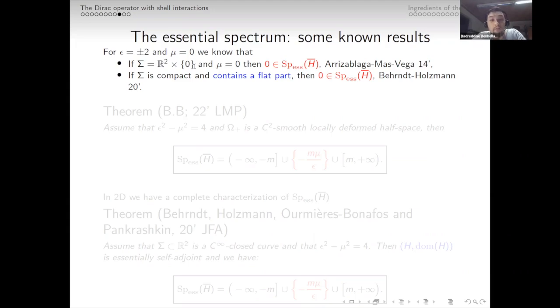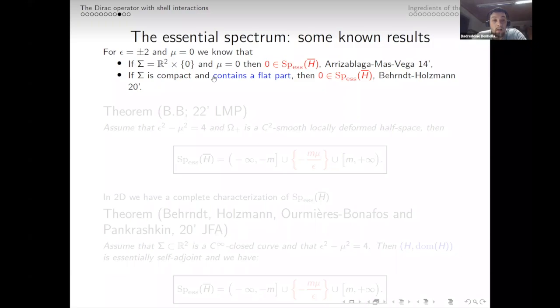So let us start from some well-known results. Assume for the moment that epsilon is equal to plus or minus 2, and we take the Lorentz scalar parameter equal to 0. Then in the case of a hyperplane, it was shown by Arrizabalaga, Mas, and Vega that 0 is an eigenvalue with infinite multiplicity.